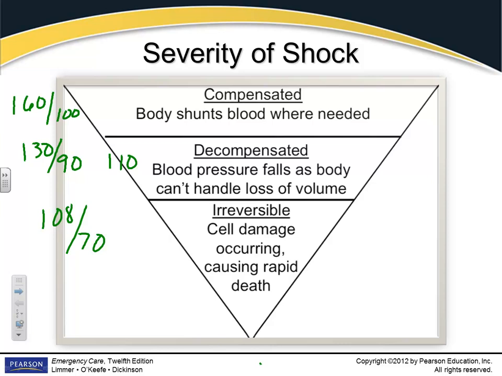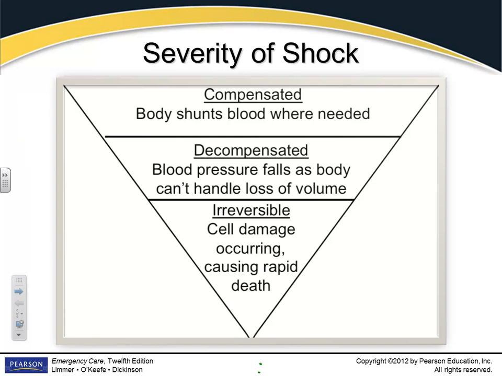Now, if your patient's compensating, you might see something like this. It might be compensated.